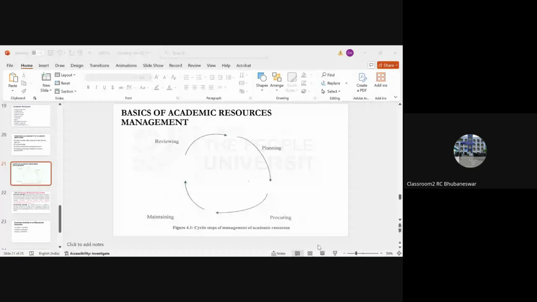It is bad habit. So maintenance is very very important. Without maintenance, proper maintenance, the resource, the material will be damaged, will be stolen, will be lost. So as a conscious citizen, accountability will be fixed.